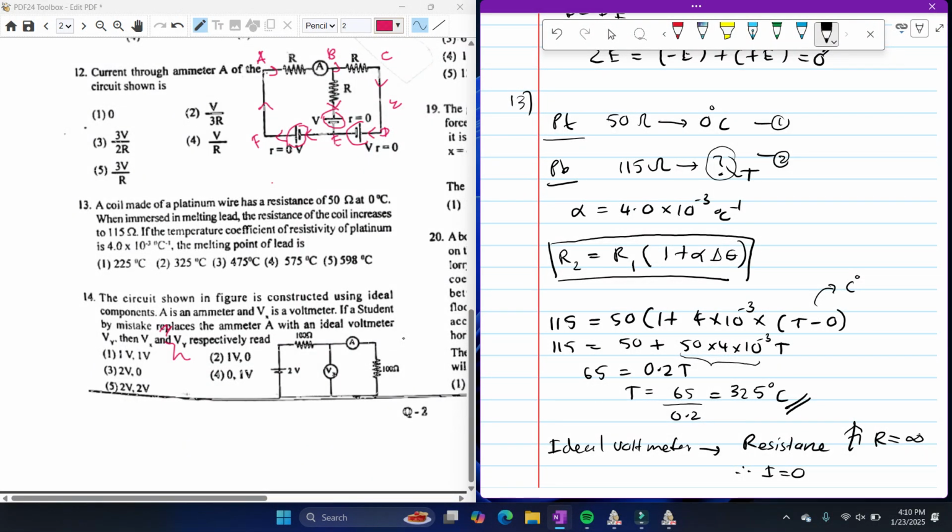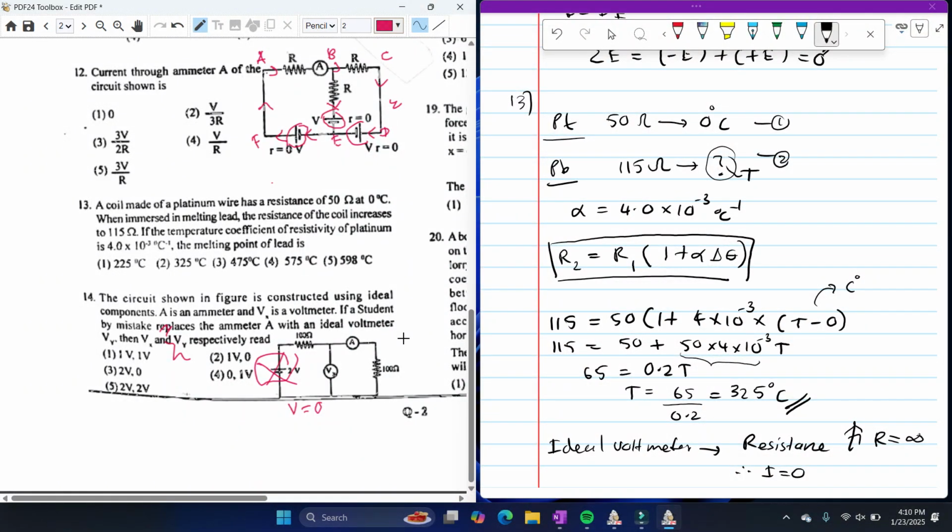Therefore, the readings of the two ideal voltmeters are 2 volts, that is the EMF of the cell itself. Unless there was a cell in the diagram with 2 volts, as you can see here, the voltage would actually be 0.